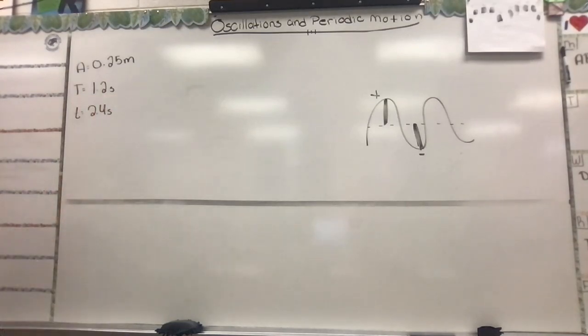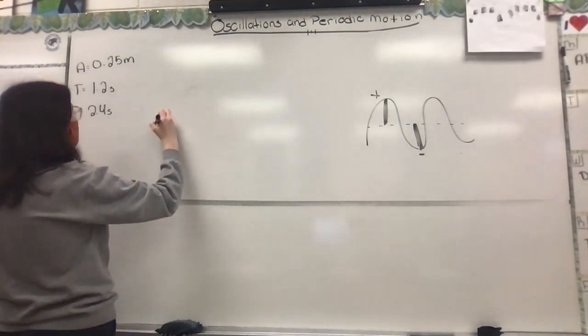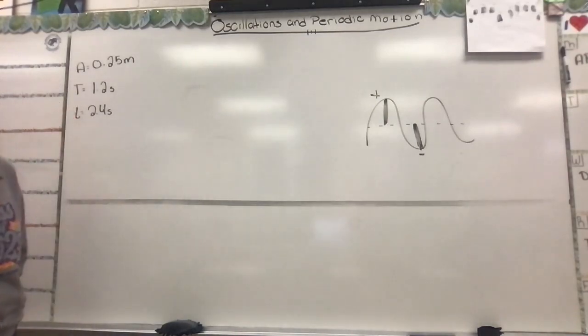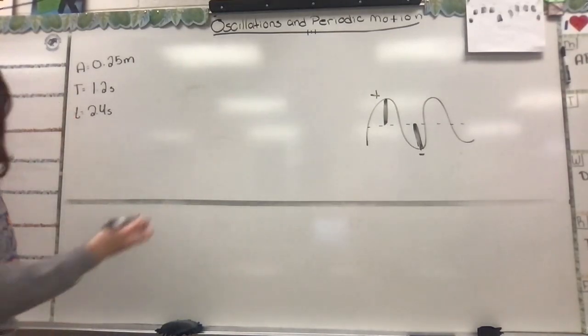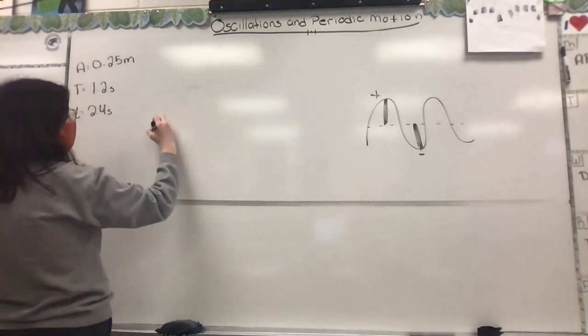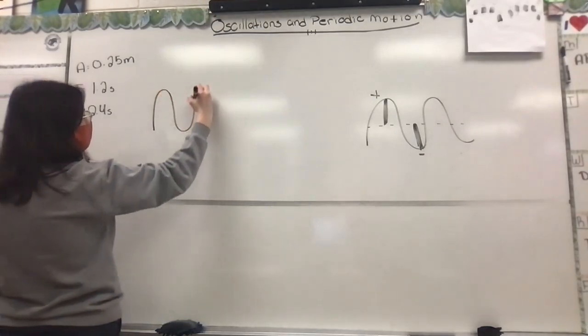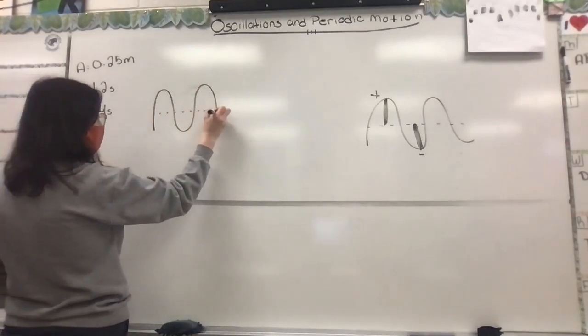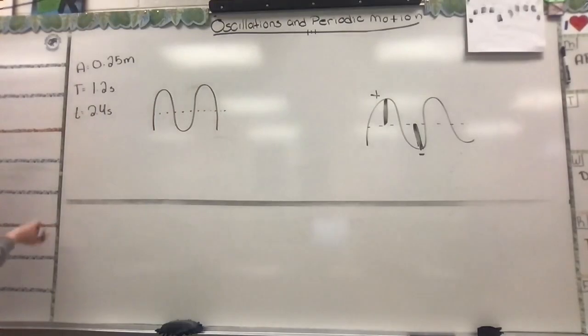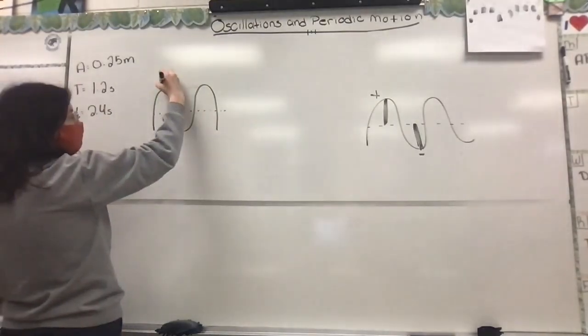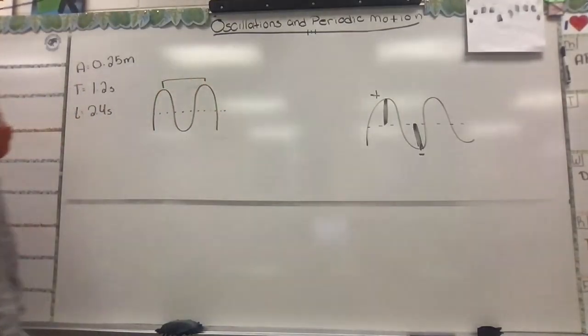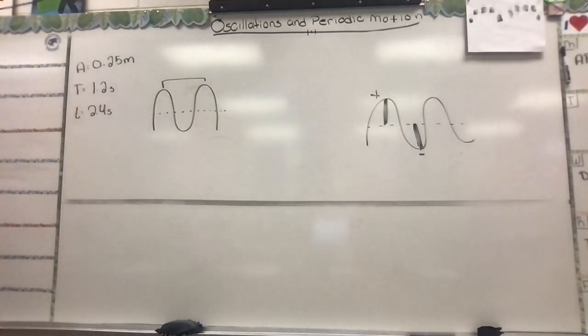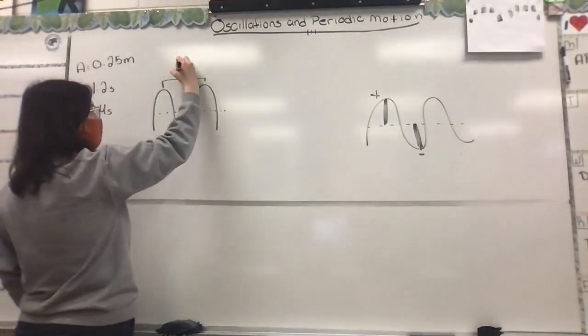Okay, so to draw this in right side up waves, because it might make a little bit more sense. We are just going to start out there. Equilibrium. Okay, so how much time did we say occurs from here to here in one cycle? 1.2 seconds, right?